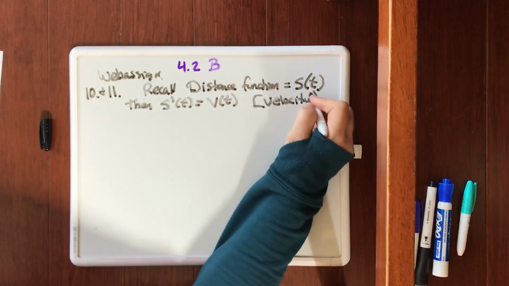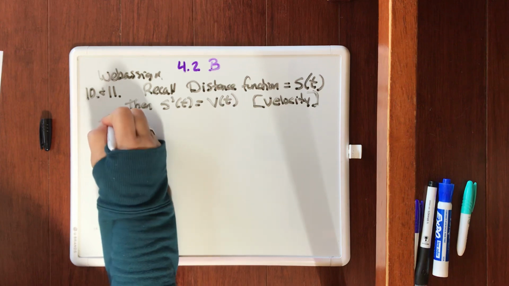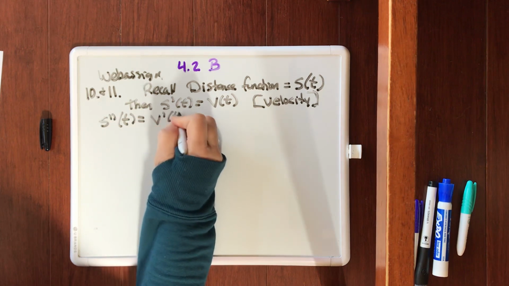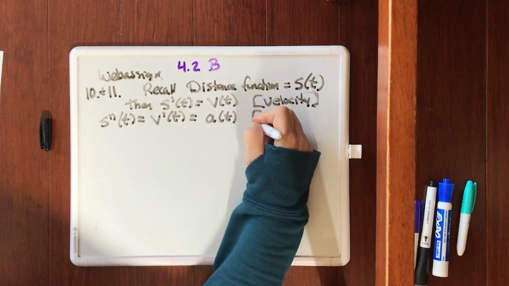My pen's dying here. Okay, so then if we take double prime t, that'll be v prime t, and that equals a of t, which is acceleration.